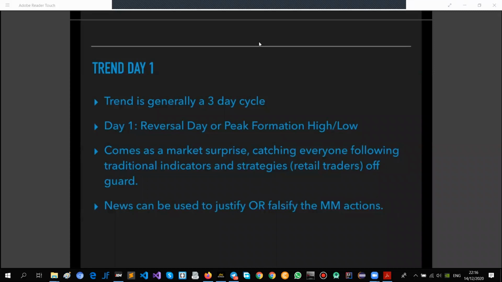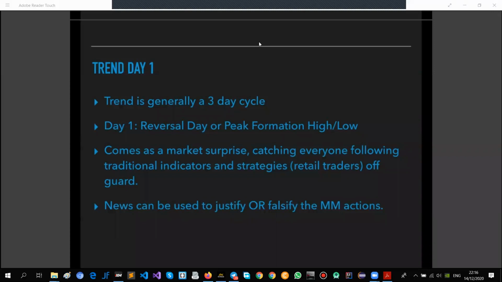For us, we know this is day one of the trend, and we are expecting a reversal or a peak formation high or low. After the peak formation high or low is formed and the reversal is locked in, we wait for patterns to form, then we trade the pattern at the right timing. The timing is also important. We are just looking for the right patterns at the right time.